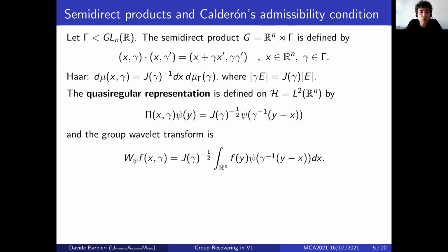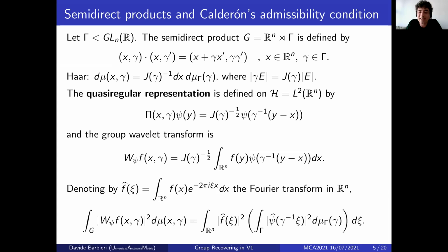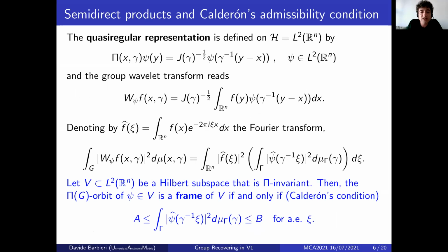Okay, and so by standard arguments, it is possible to see that in order to have a frame, or to have that this wavelet transform is invertible, it is necessary and sufficient that a Calderon condition holds.